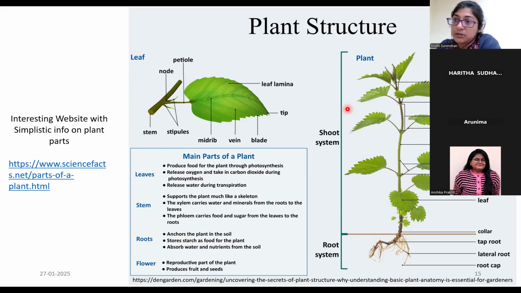Transpiration is the release of water from the surface of the leaf back to the atmosphere. So from all of these, we know that photosynthesis is happening in the leaf. Now let's go deeper into the leaf. We won't be focusing a lot on the stem and roots, but we'll go a little deeper into the leaf structure.